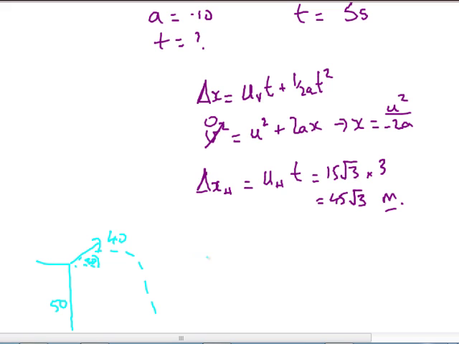Okay, UH is going to be 40 cos 30, which will be 20 root 3, and UV will be 40 sine 30, which will be 20 metres per second. So that's up, that's across.